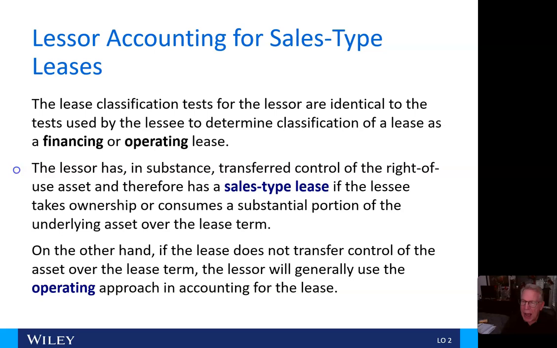The lessor has, in substance, transferred control of the right of use asset and therefore has a sales type lease if the lessee takes ownership or consumes a substantial portion of the underlying asset over the lease term. On the other hand, if the lease does not transfer control of the asset over the lease term, the lessor will generally use the operating approach in accounting for that lease.